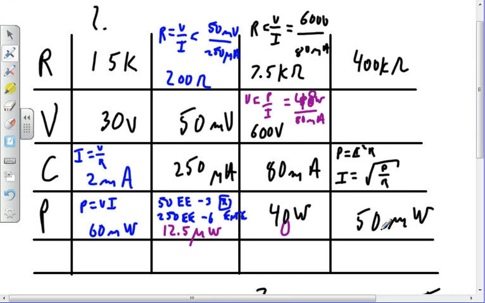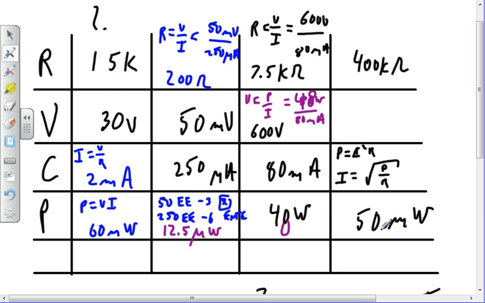Square root of power, 50 double E minus 3, divided by resistance, 400 double E3. And I fat fingered my 50 and only have a 0 there, so I have to re-enter the whole thing. So square root of 50 double E minus 3 divided by 400 double E3.